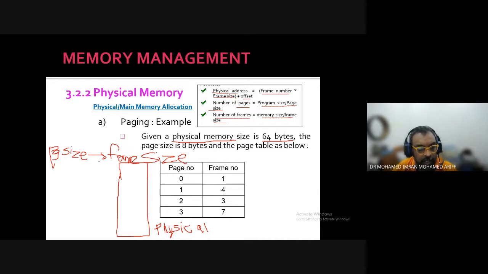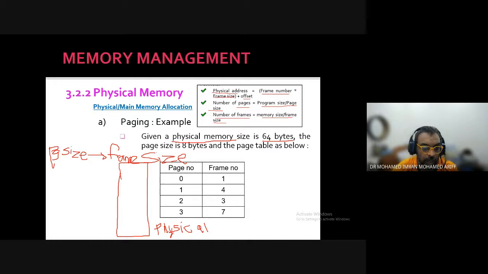Formula kata page size sama dengan frame size. So, kalau frame size sama dengan page size, so how many frames do you have? So 64 divided by 8, berapa? 8. You will have 8 frames. So when you say you have 8 frames, since saya kata you start your frame size dengan kiraan kosong, that means you will start with 0 right up to 7.